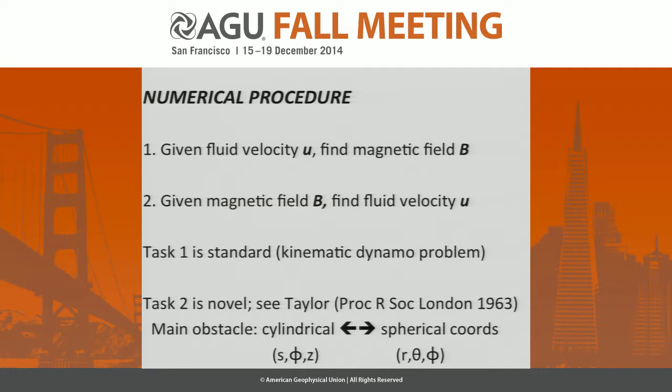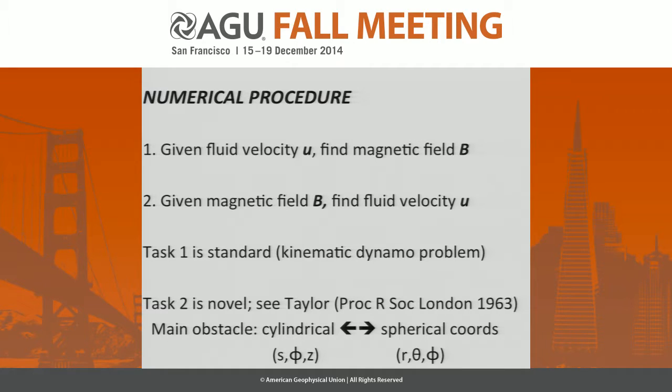You have to switch from cylindrical coordinates to spherical coordinates, because the geometry is spherical, but the dynamics is dominated by the Coriolis force. And so you have to continually switch over from one to the other.